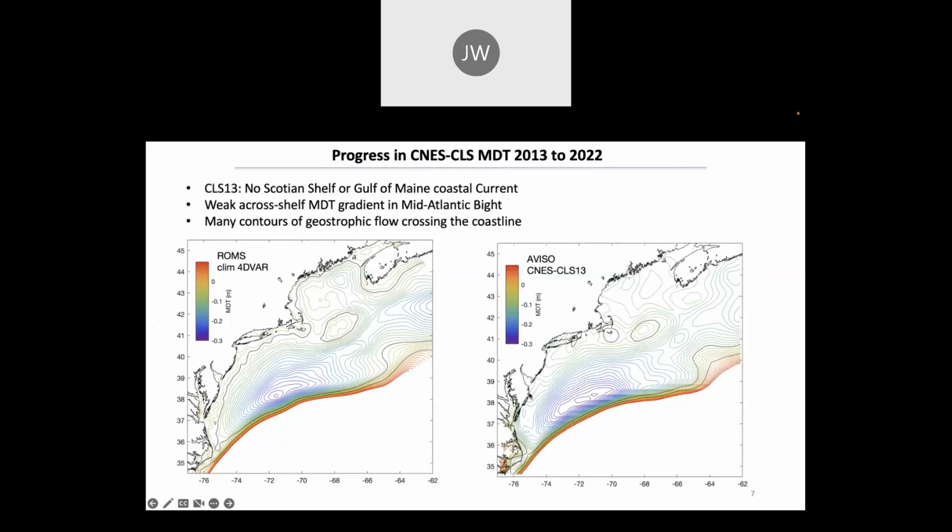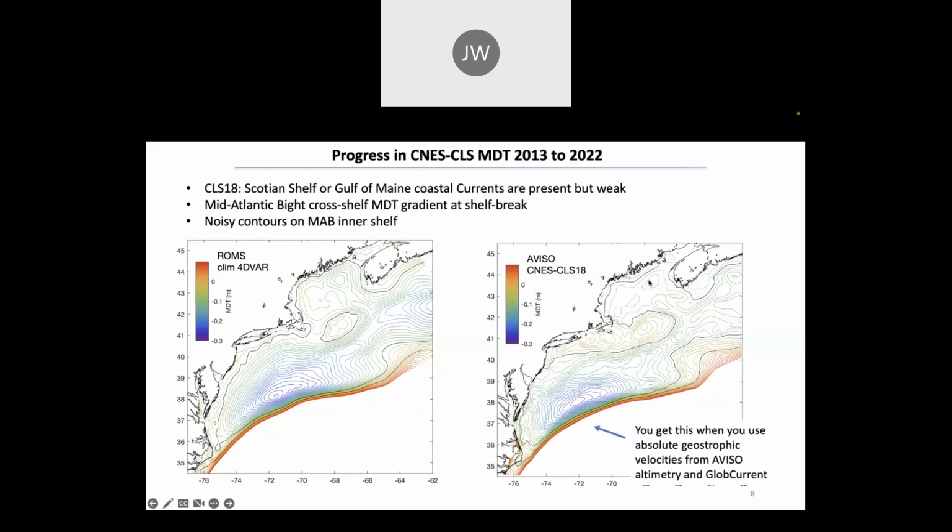And if you have a well mixed water column, any offshore Ekman transport, for example, in a surface Ekman layer can only be balanced by onshore flow in a bottom Ekman layer. It can't be balanced by geostrophic flow. So, and we don't see any of the organized inflow on the Scotian shelf or the gyre circulations in the Gulf of Maine.